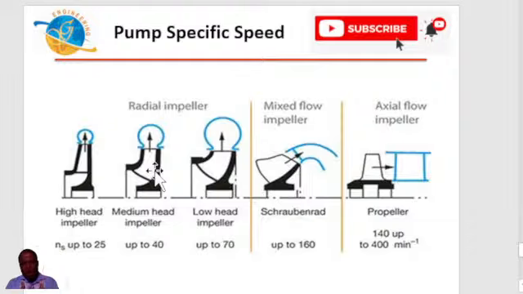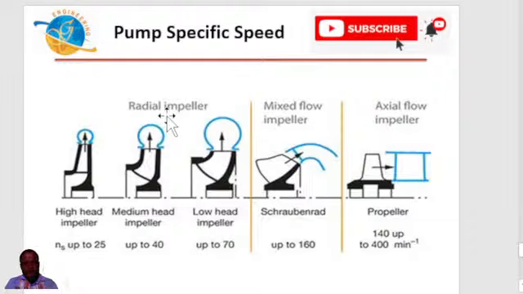You will see in the course of this training session how you can determine your pump specific speed. If your pump specific speed is within a range of say 25 to 70, the pump has to have a radial flow impeller. That is the impeller most suitable for that given application.